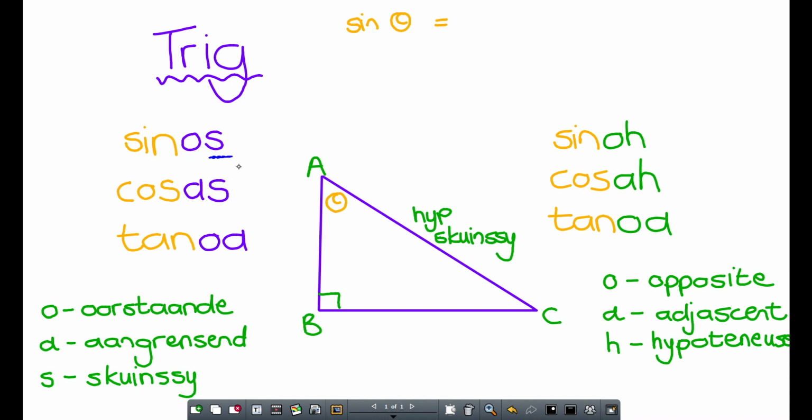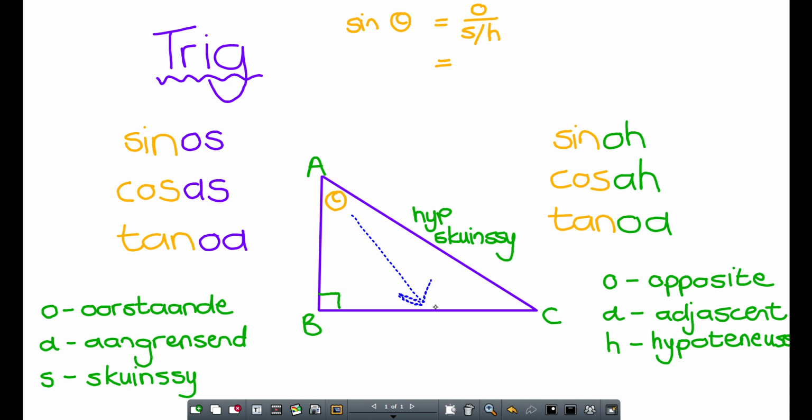And the S is for hypotenuse, skynsy. Nee, goed, so jy weet, dit moet wees oorstaande op skyns, or English people opposite over hypotenuse. Nee, so in other words, I would have, if I work from there, wat is oorkant? Daai hoekie van theta. Hey.